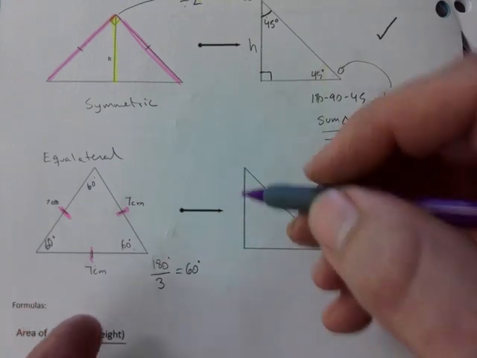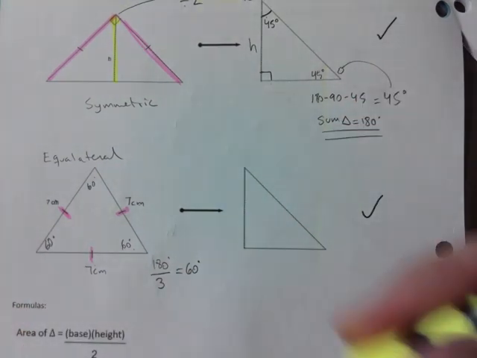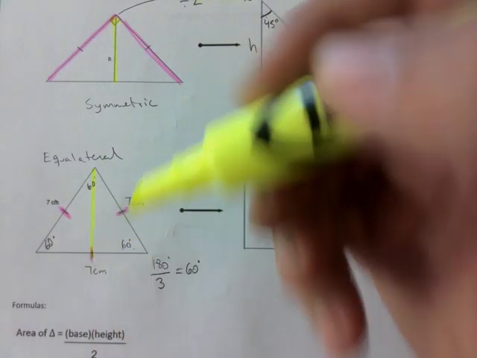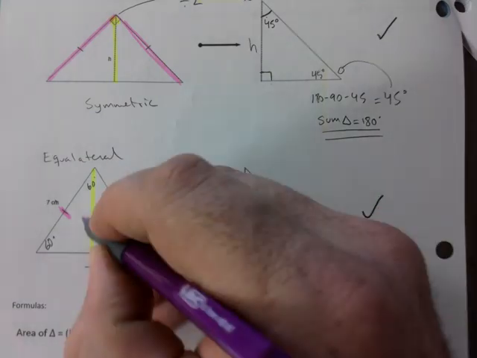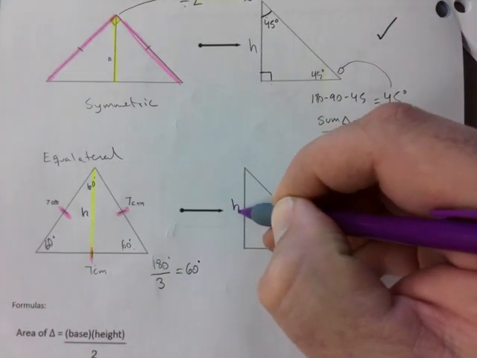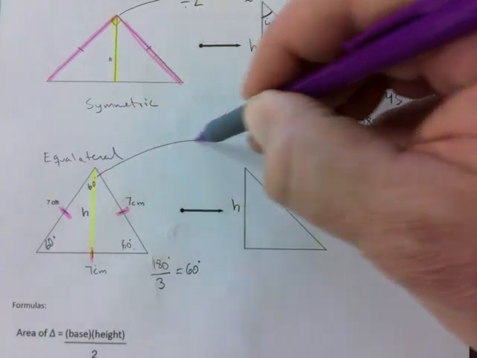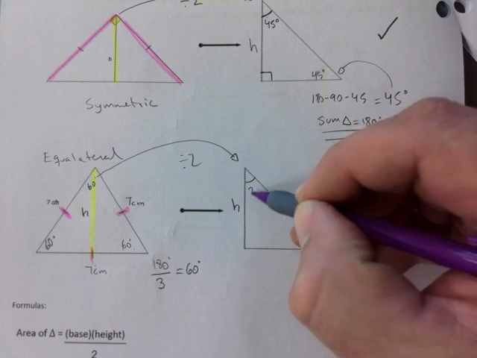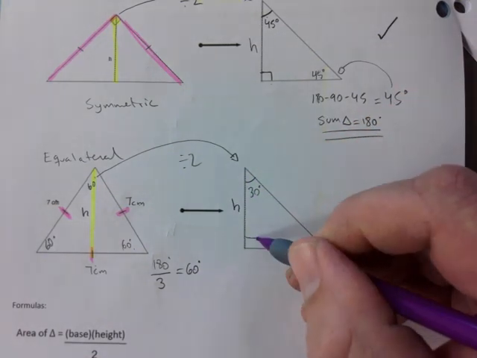So if we split it, let me use a different color. If we split that, that's what we're going to call H. Okay, this comes over here. This 60, you can split in half to give you 30. We know that this is 90.